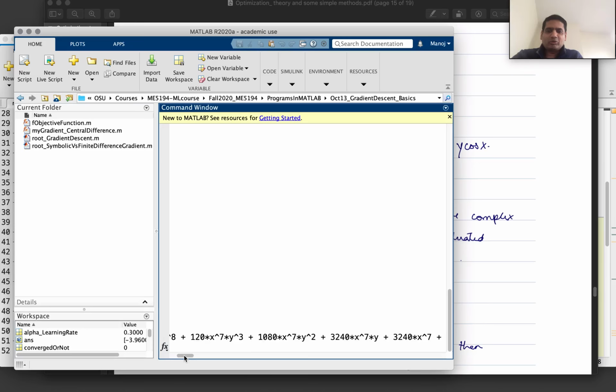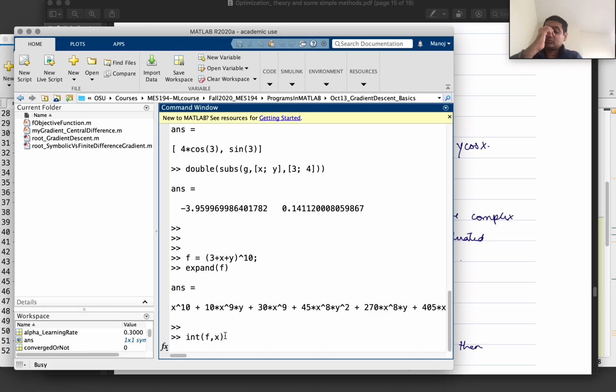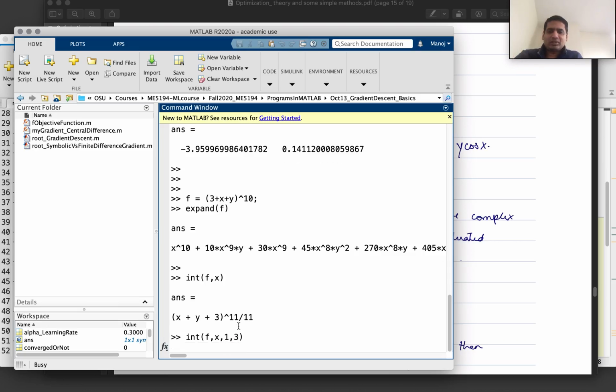We already saw how to differentiate things. We can integrate, say with respect to x. Okay, so it does that correctly. I think we can do integration with limits, like x going from say 1 to 3 something.